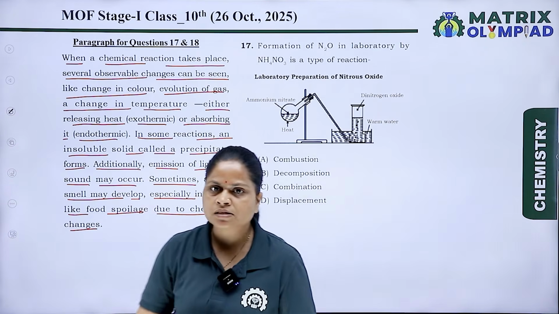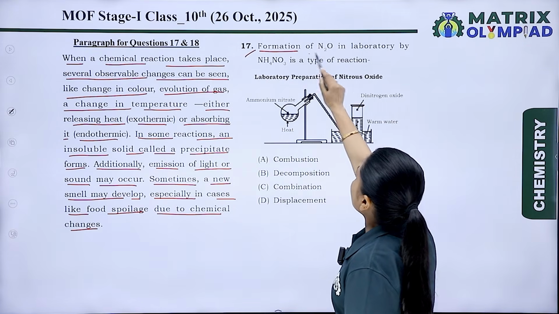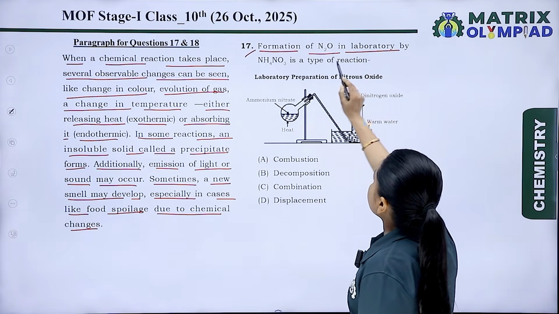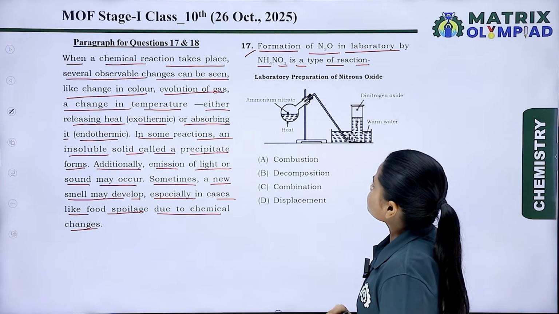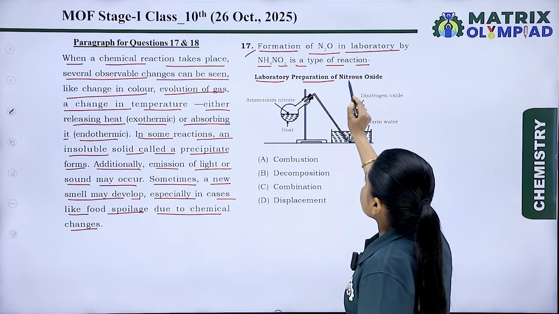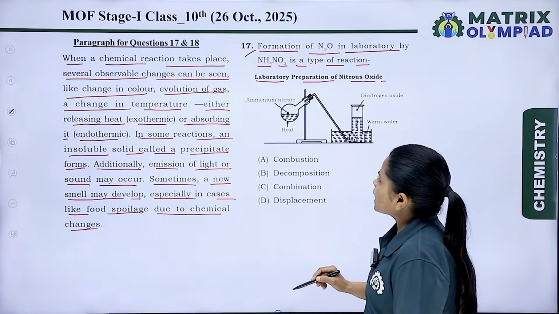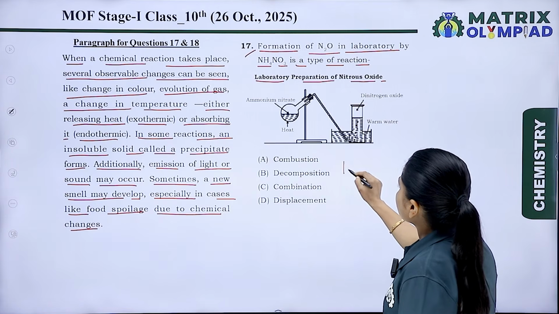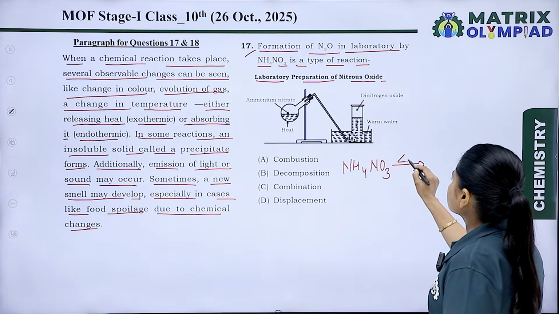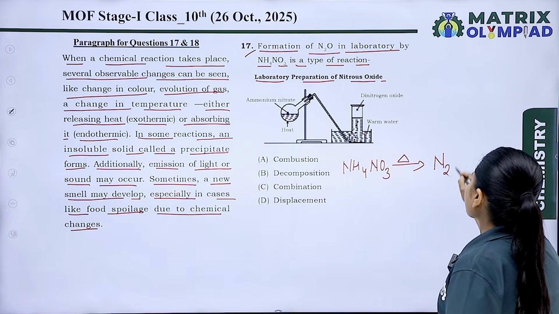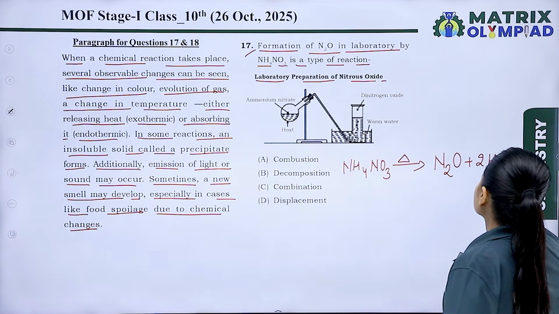Let's discuss the options. Question 17: formation of N2O in laboratory by NH4NO3 is a type of reaction. Laboratory preparation of nitrous oxide is given in this diagram, and as we see that ammonium nitrate on heating gives dinitrogen oxide, this is nitrous oxide, plus H2O.